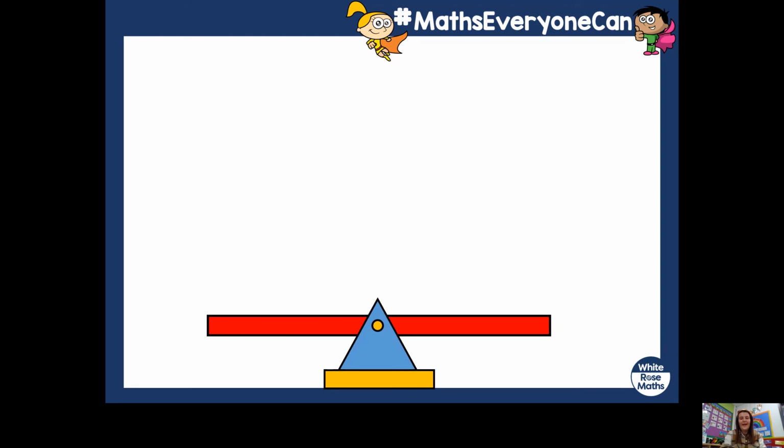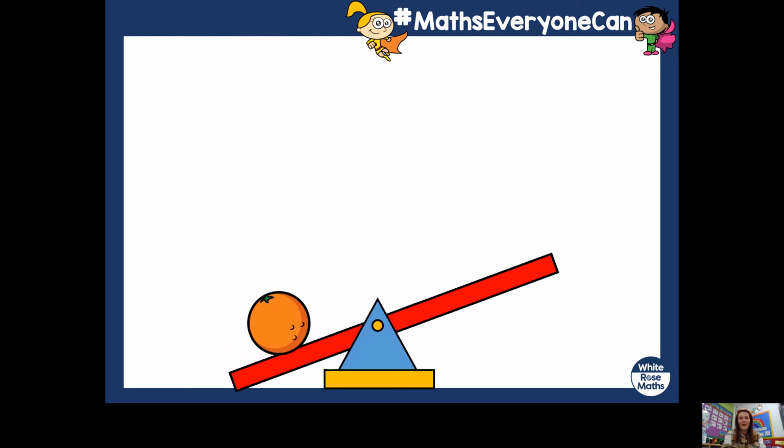Now, here I have got something different. Do you know what this is called? It's something called a balance scale. Can we all say that together? 1, 2, 3. Balance scale. Here comes an orange.